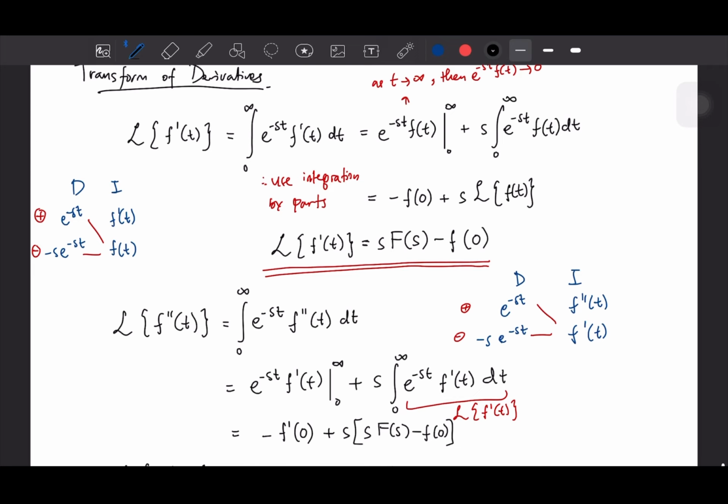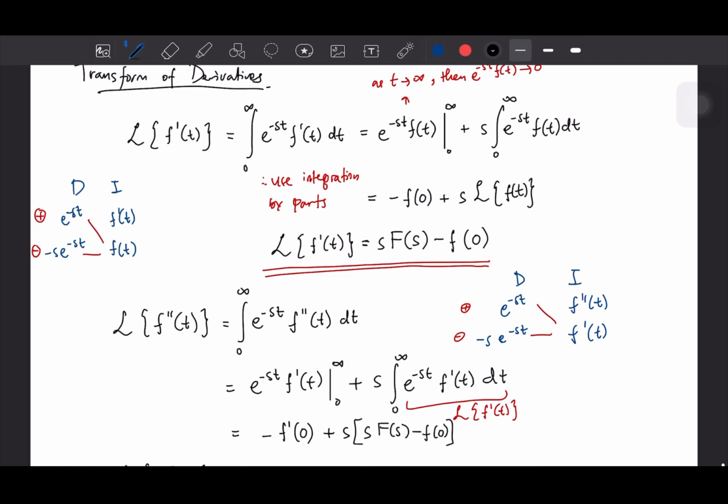Now, last week we learned that we can transform the derivative of a function. For example, we can take f prime, and we can also consider f double prime. When we transform the first derivative, we get s times F(s) minus f(0).